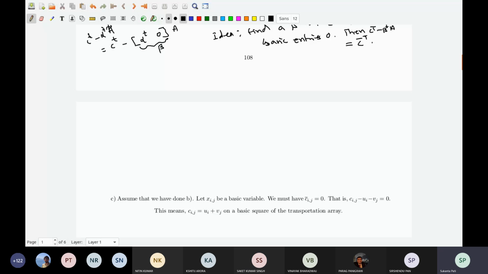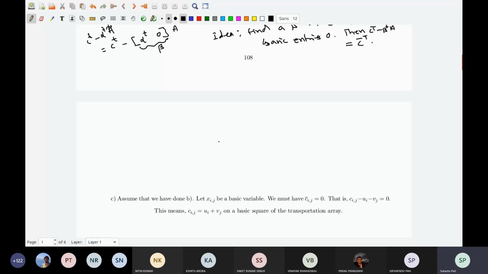So what I was saying is the following. You don't look at what I have said here. Suppose you are looking at one LPP where you are minimizing C transpose X subject to Ax equal to B. Now you are at a basis. You are at a BFS, so that is a vertex, and the corresponding basis matrix is B. Now, how do you know you are at a minimal BFS?